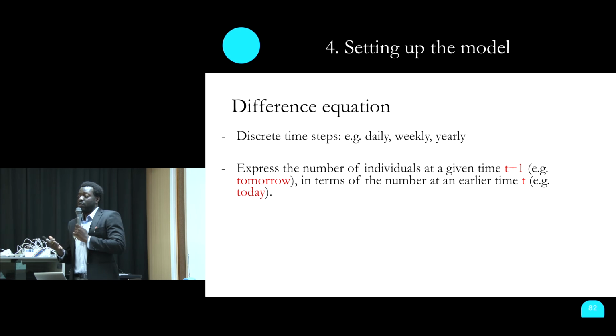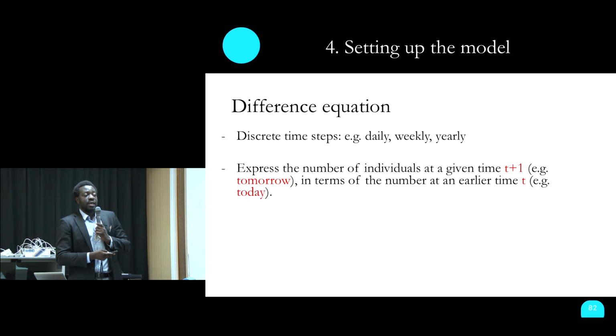So once we decide about the model structure and the model methods, we need to set up the model. And this is a very important part in mathematical modeling of infectious disease. You use difference equations to try to predict the changes. The difference equation is generally expressed in terms of time steps: daily, weekly, or yearly.